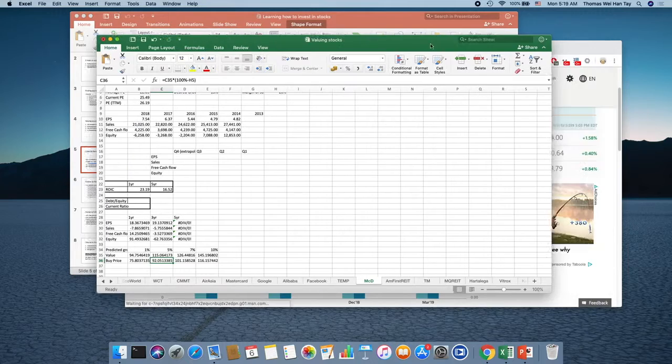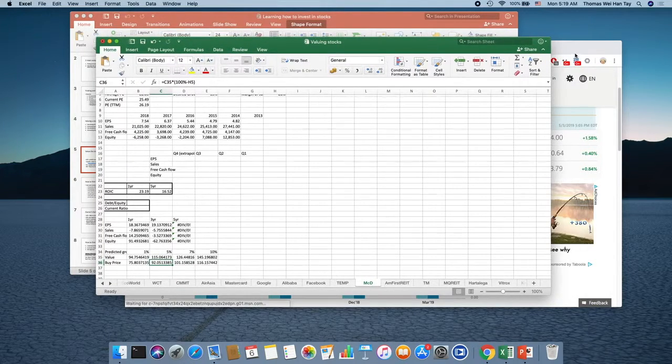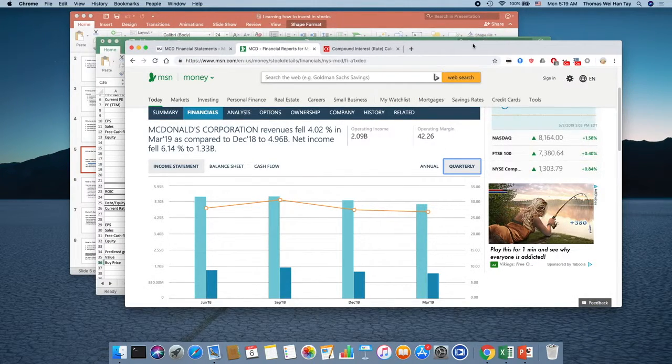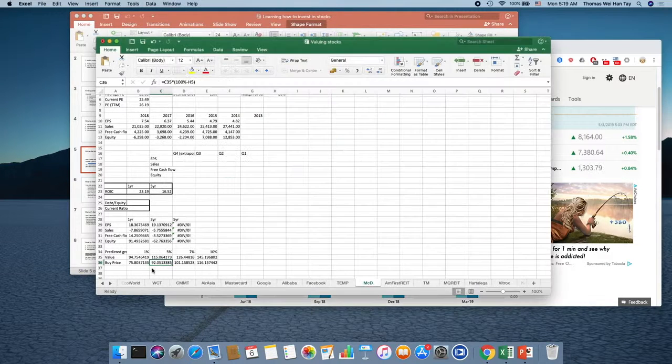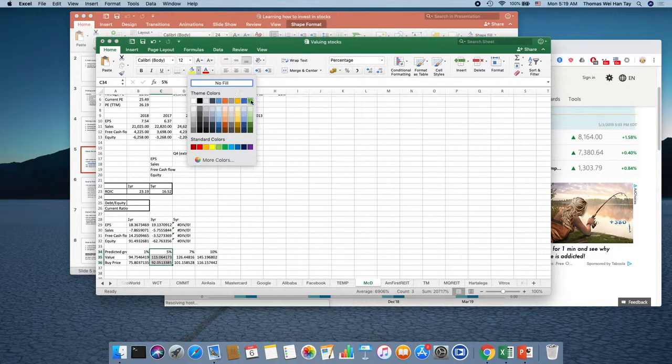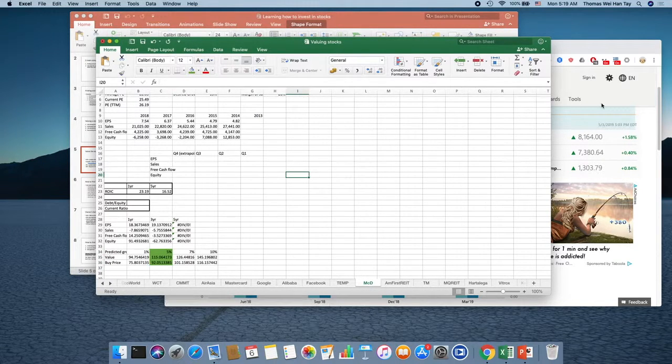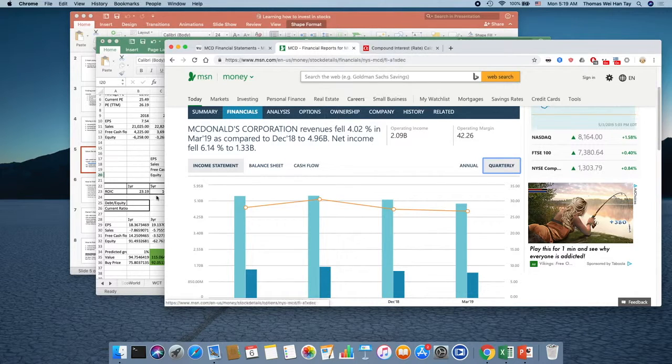So let's look at how much the share is right now. It's good to value the stock and decide on what price you want before you actually look at the price, so you don't have a confirmation bias by doing that.